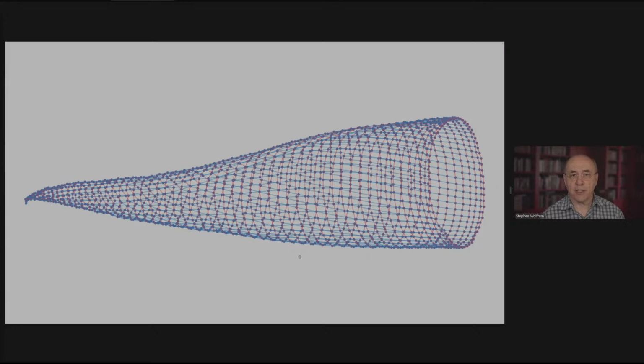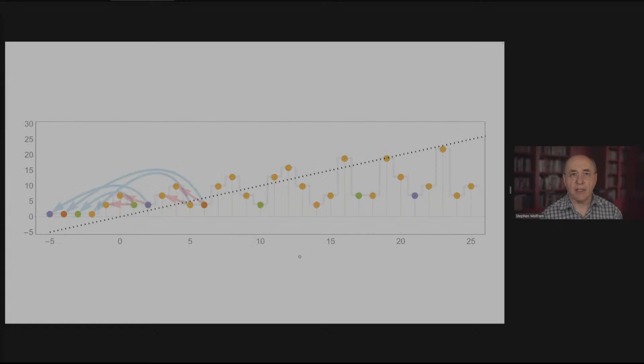But how far it actually goes back depends on how much larger f of n minus 2 gets compared to n. So plotting f of n minus 2 and n together, we have this. And the point is that only for very few values of n does f of n minus 2 exceed n. And those are the values that probe back, because those are the values that sample n minus f of n minus 2.